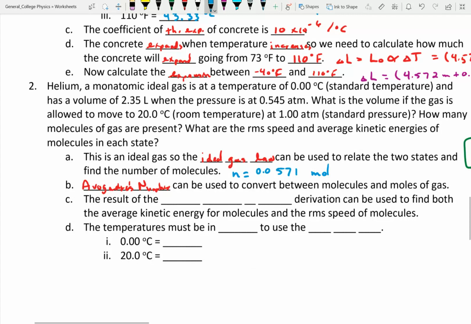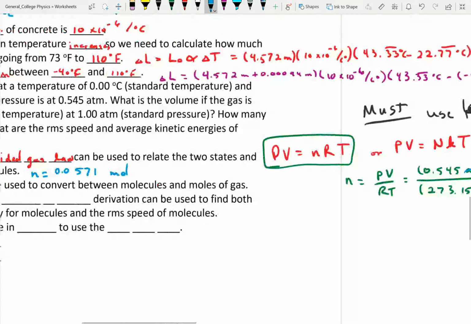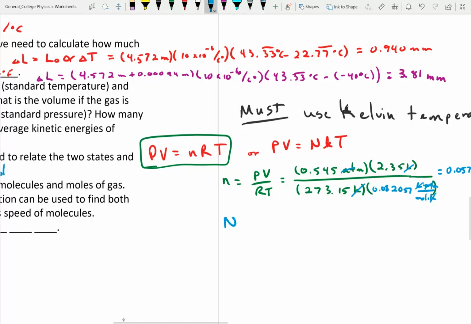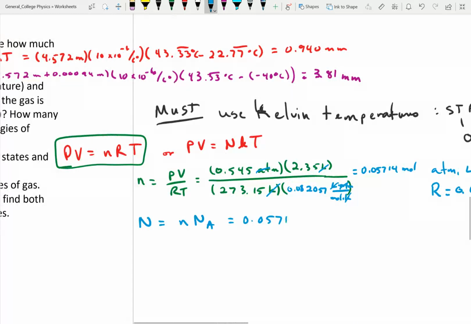So that many moles. Now, if I wanted molecules, I would simply say the number of molecules is equal to the number of moles times Avogadro's number, equal to 0.0571 moles times 6.022, I'm sorry, I don't have it memorized, times 10 to the 23rd molecules per mole.